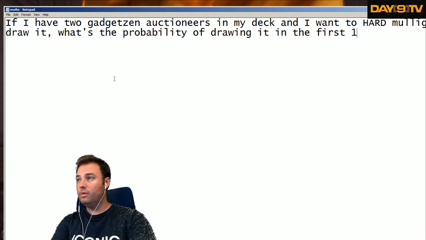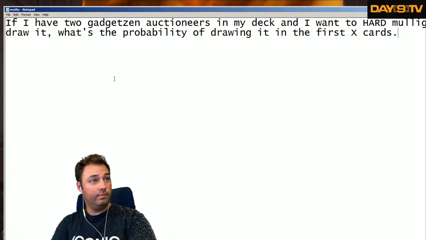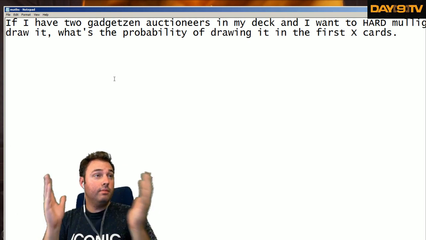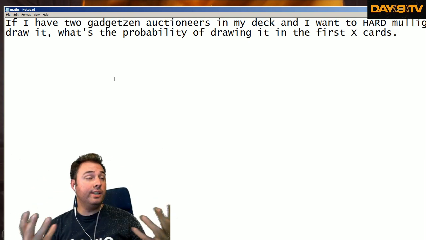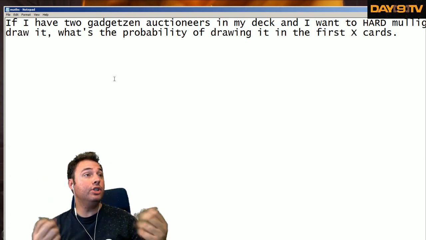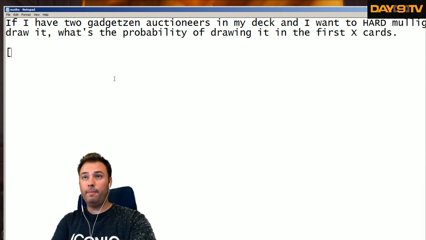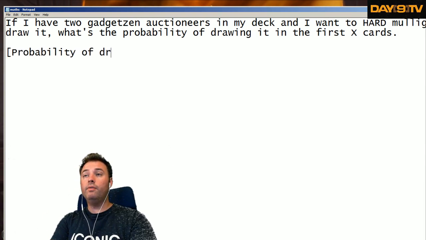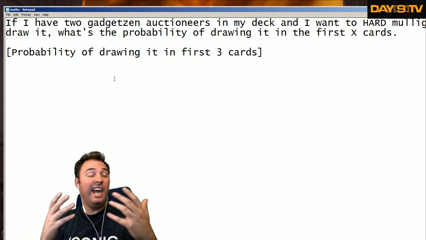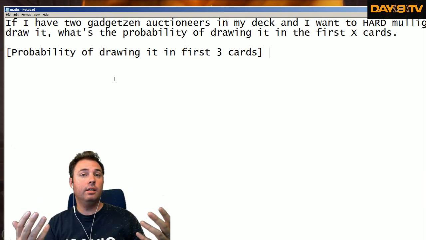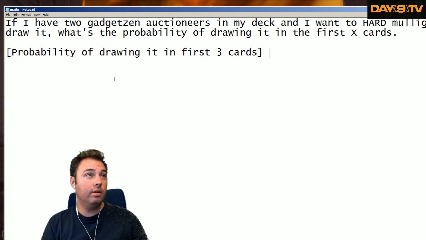We can even do this, because it doesn't matter. I'm going to break this probability into two, which is probability of drawing it in the first three cards. If it's in my opening hand, I'm done, right?